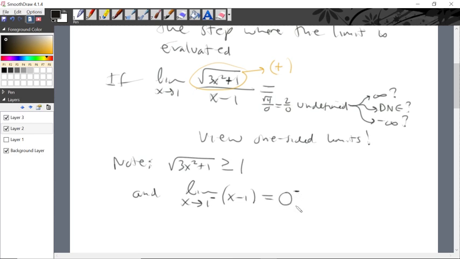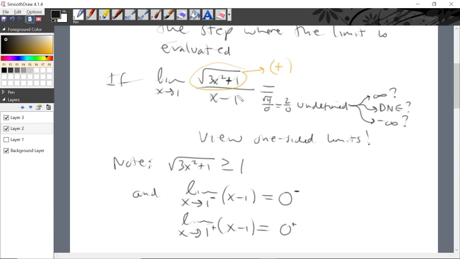So I'll write it like that. This is going to 0, but it's going to 0 from below. But the limit as x approaches 1 from the right of x minus 1 is also going to 0. But notice we're choosing values of x that are a little bit more than 1. So this difference is going to be a little bit more than 0. And that makes all the difference in the world.